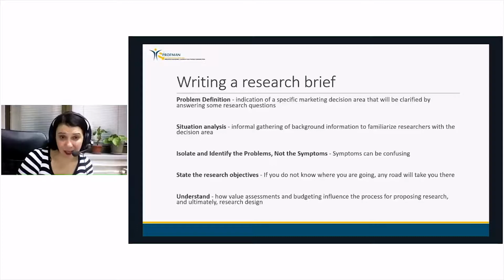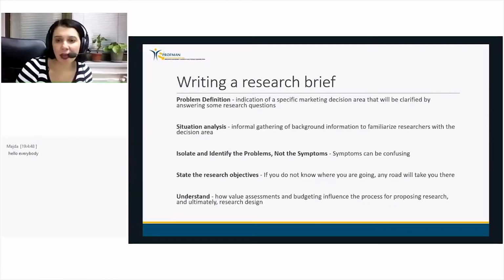The second step is situation analysis. That means an informal gathering of background information in order for the researchers, for us, to realize what is the main area of interest or the decision area.